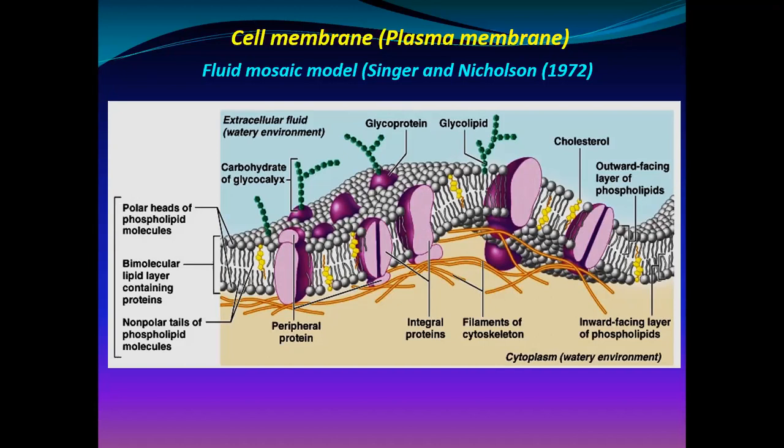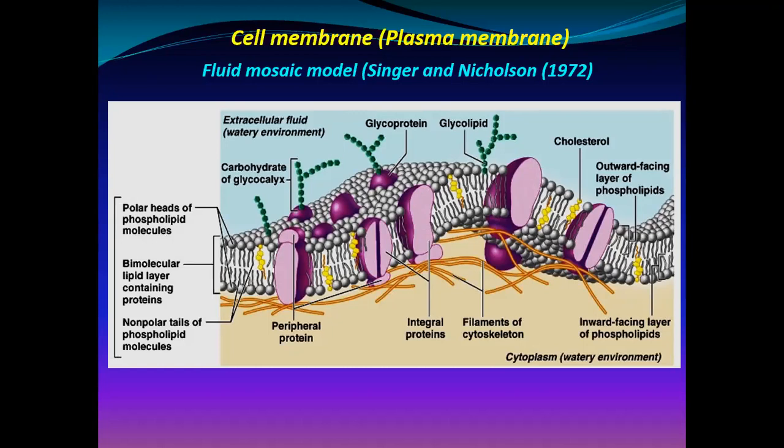So what happens? The phospholipid will be arranged in a bilayer, exposing the hydrophilic head to the aqueous environment outside, as well as exposing the hydrophilic head to the aqueous environment inside the cell. Understand? So the middle part of the bilayer will be of hydrophobic nature, consisting of the tails of the phospholipids. The tails of the phospholipids are the fatty acids.